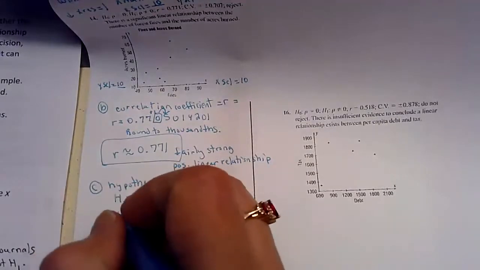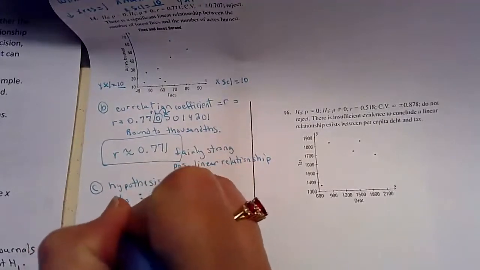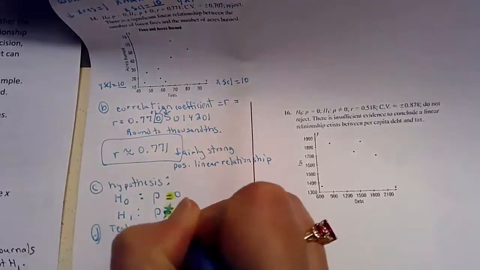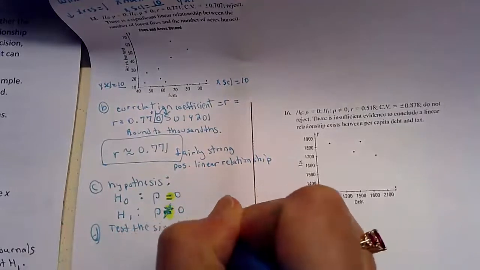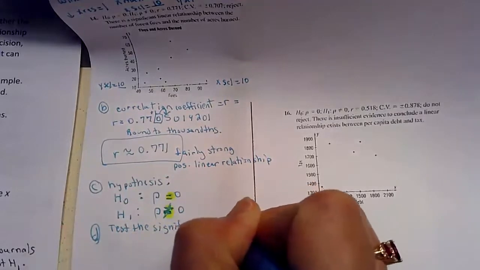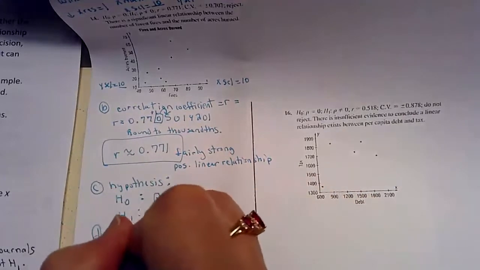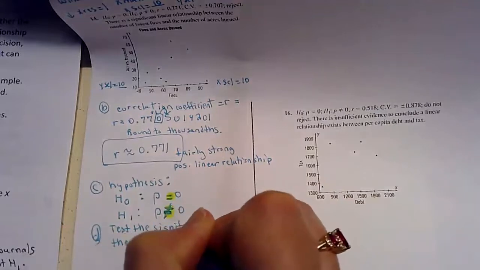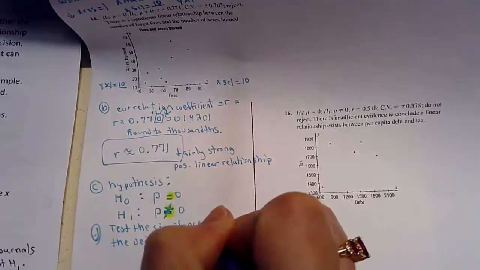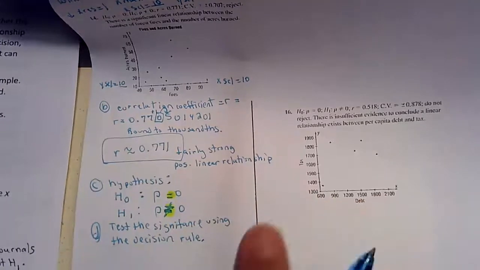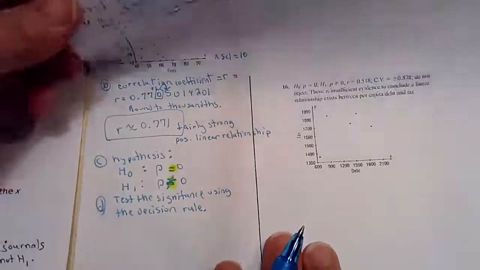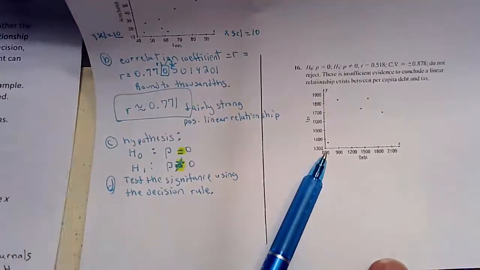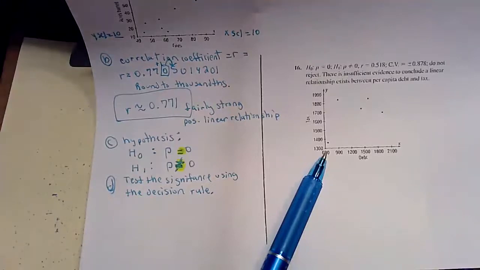So D is, I'm going to put here, we're going to test the significance using the decision rule.